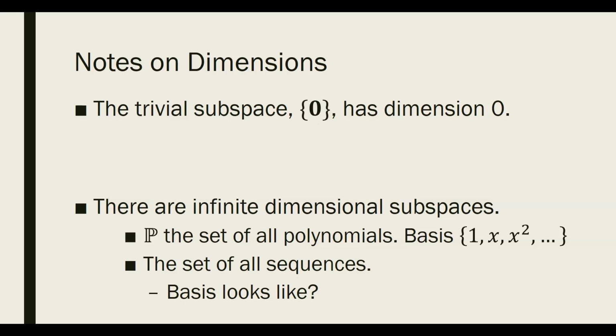By the way, another note is there are some infinite dimensional vector spaces. If I think about the set of all polynomials, a basis could include the number 1, the variable x, x squared, and if we let all polynomials, we can just keep adding x to the third, x to the fourth, and so on and so forth, all the way out through infinity.